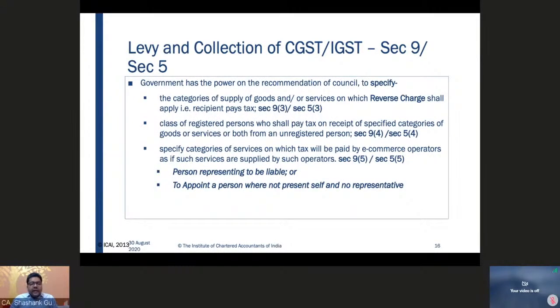If you read it carefully, it says, if I as a registered person under GST am making any purchases, any procurements from an unregistered person, I as a registered person would be liable to pay the applicable tax under reverse charge.